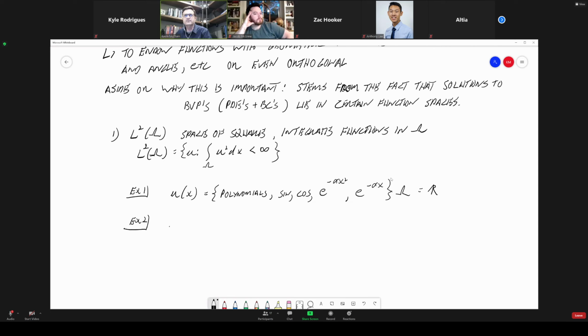Example 2, u of x is equal to the square root of x in 0 to 1. The question you have to ask is, is u of x contained in your L2 domain? This is a check that you would do.